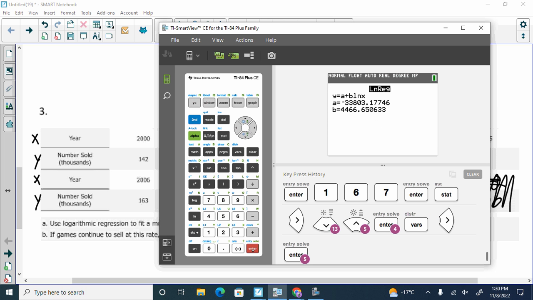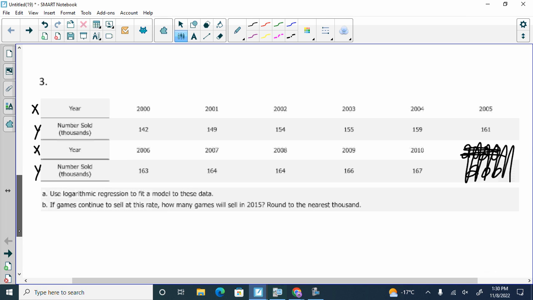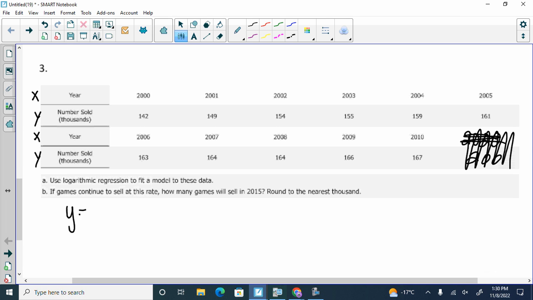So it's in this form now. Do you see that? Y equals A plus B ln X. It's ln X. That's not a 1, it's ln X. There's a button that is a ln X button on your calculator.